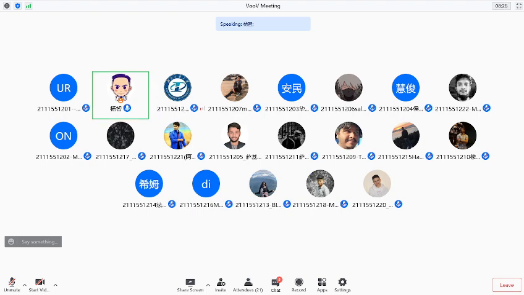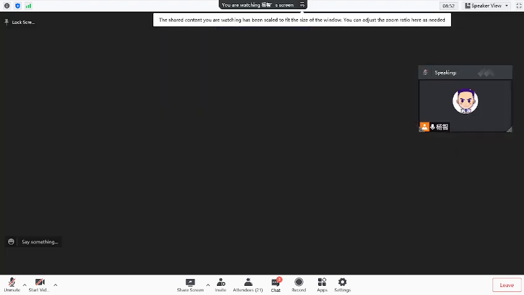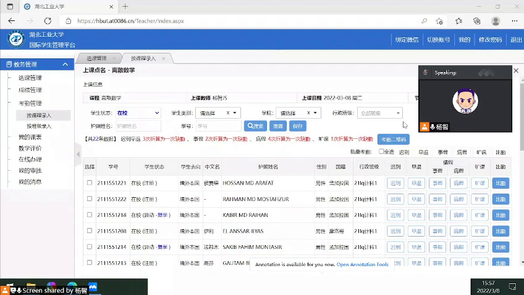Okay, I will show you the QR code now. It only works for 2 minutes, so everybody pay attention and scan the QR code. Sorry, I didn't share my screen.